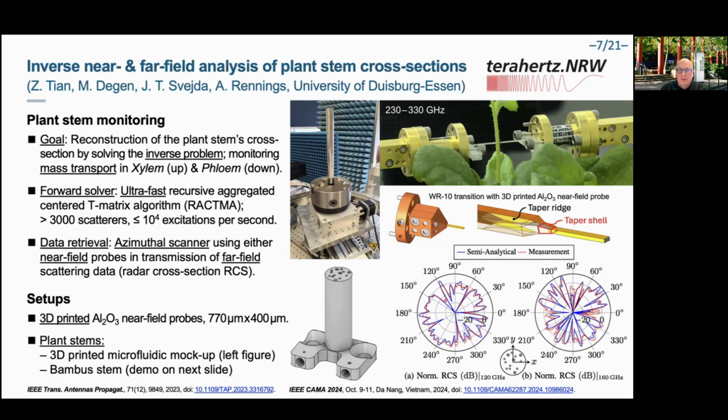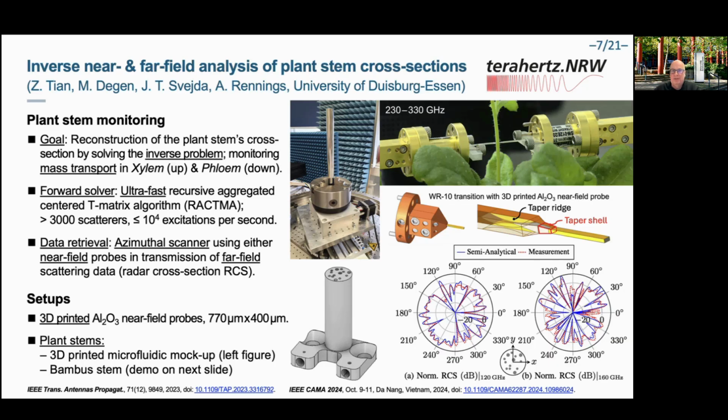So we have moved to our further developments of near field probes using 3D printed alumina material probes with a cross-section of 770 times 400 microns. One of the most important parts here is to also look at the transmission from the WR10 waveguide system into the proper probe.